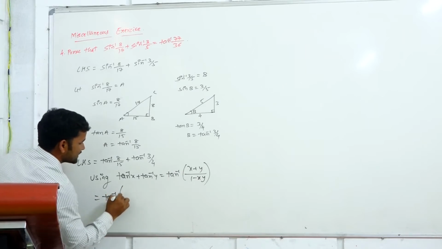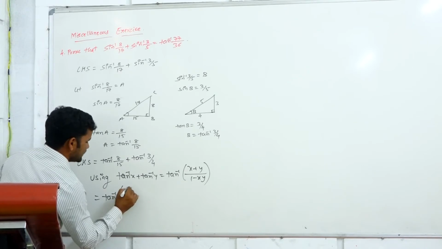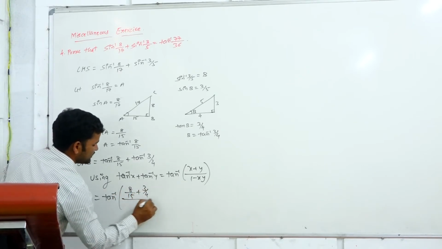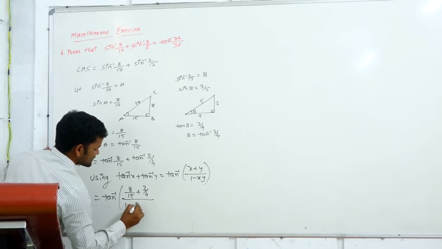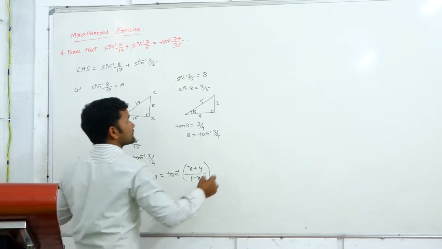This is tan inverse of x, 8 by 15, plus y, 3 by 4, divided by 1 minus 8 by 15 into 3 by 4.